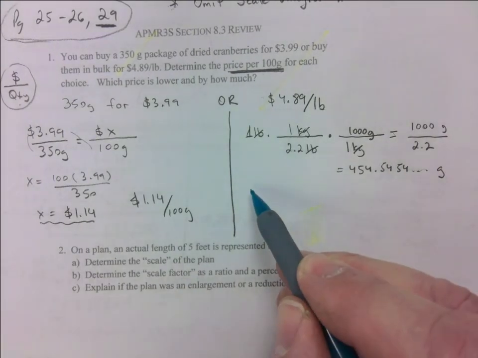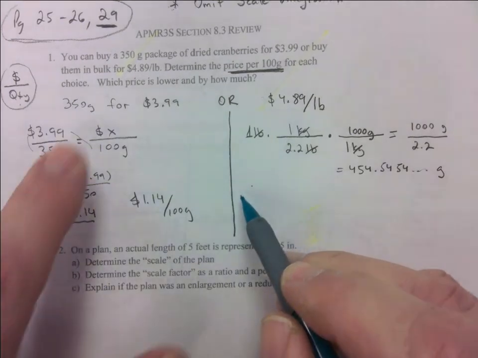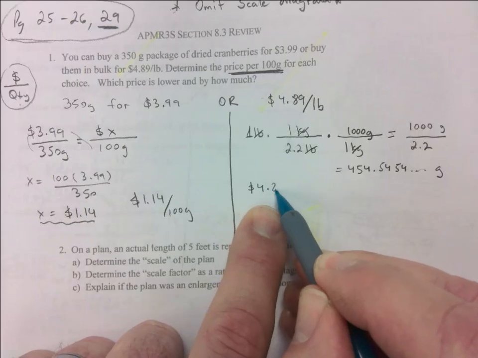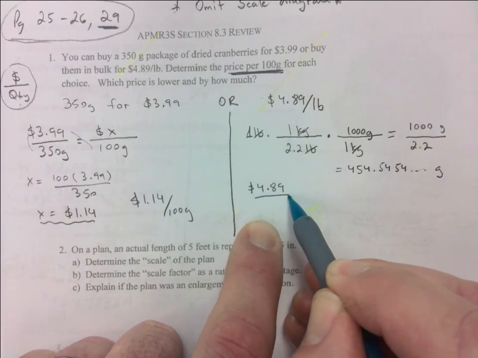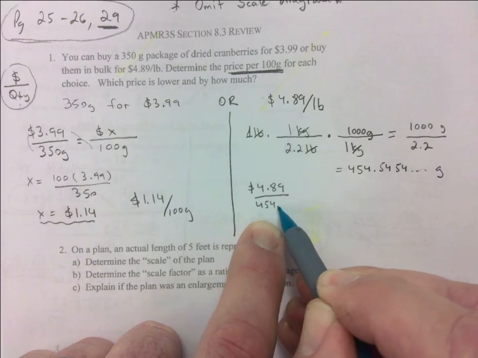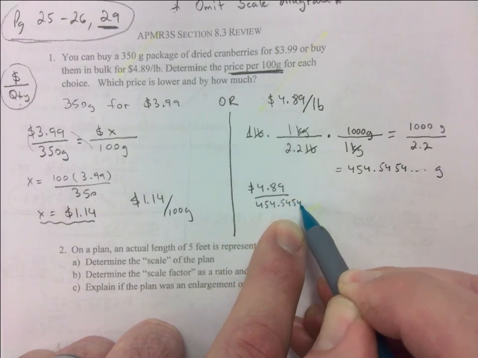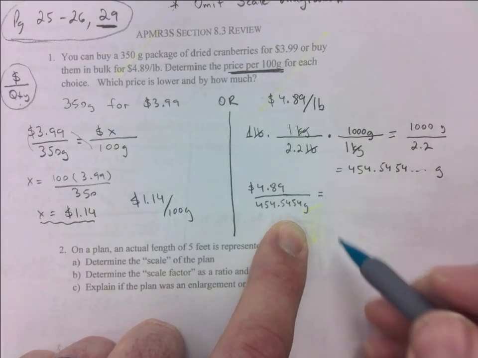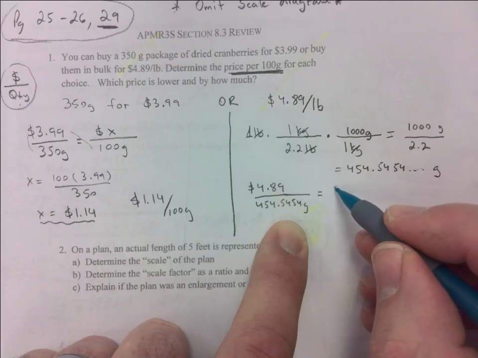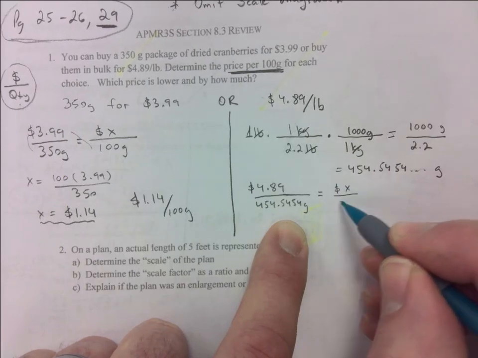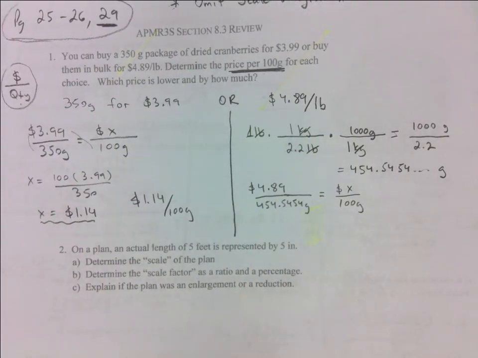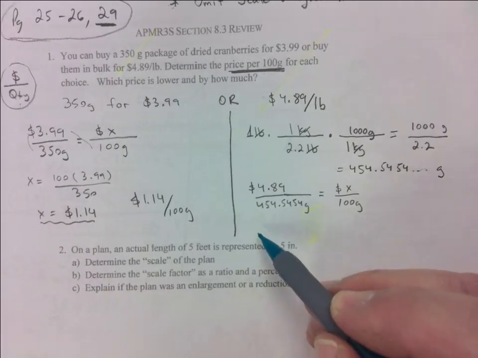Now I can do the same thing that I did on this side. If it costs $4.89 for 454.5454 grams, I'm going to figure out how much it's going to cost me to buy 100 grams even. And I'll tell you the shortcut after this, okay?